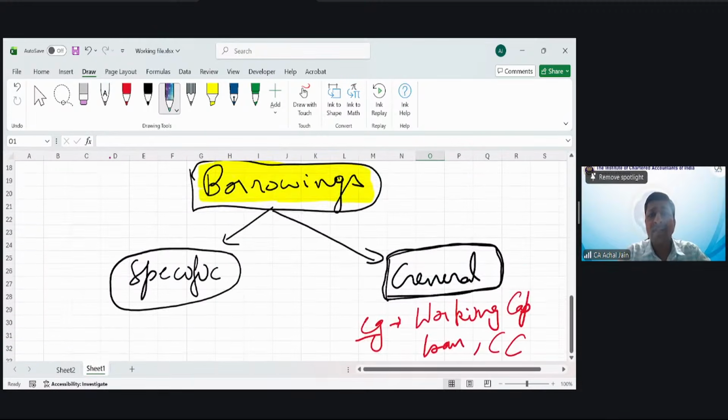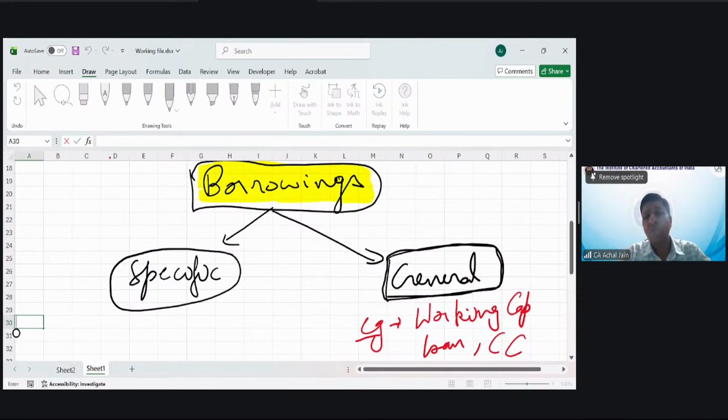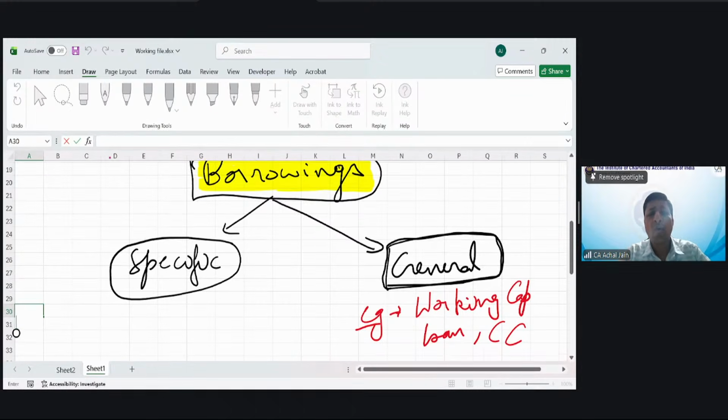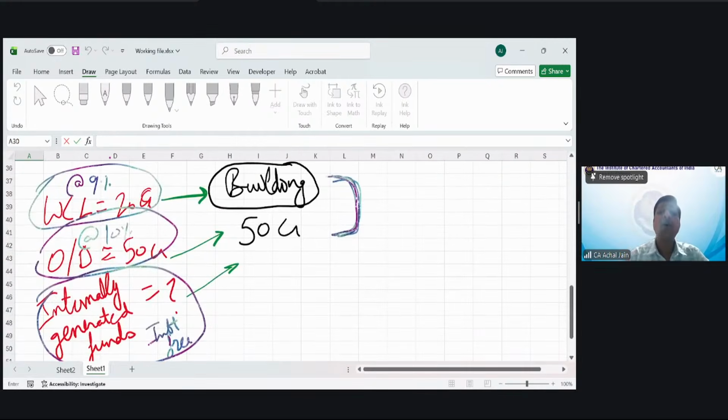So that's why whenever you have these general purpose borrowings, that's where the calculation of interest to be capitalized requires some sort of methodology, which is called computation of capitalization rate. See, in this case, the company will have to work out a rate.